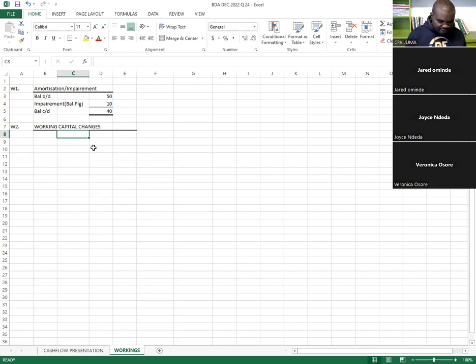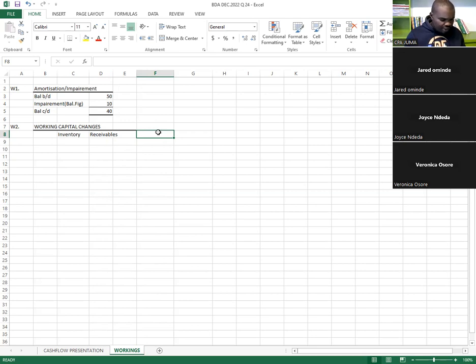So check current assets, inventory. And I've said you can present it the way you want. Inventory. Then we can have trade receivables. So just write receivables. Then we have financial assets. Those are cash equivalent. Cash, you don't bring it here. In fact, inventory, receivables, and payables. By extension, prepayments and accruals.